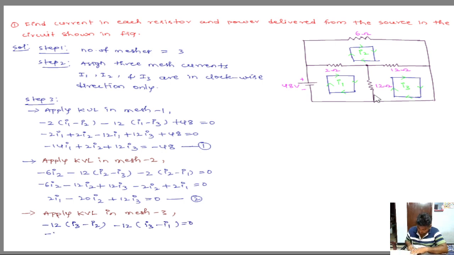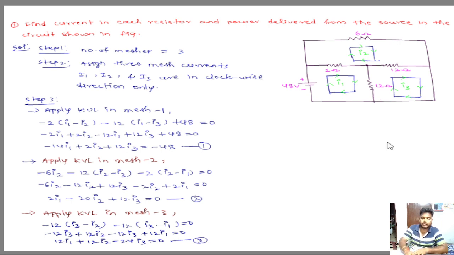Then simplify: minus 12 I3 plus 12 I2 minus 12 I3 plus 12 I1 equal to 0. Then it is 12 I1 plus 12 I2 minus 24 I3 equal to 0. This is equation number 3. Then step 3 is completed.